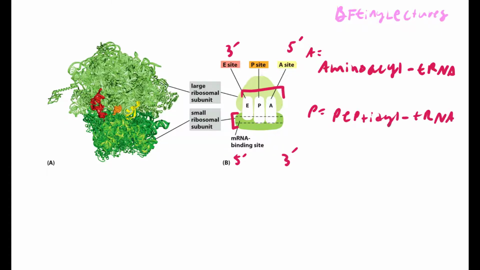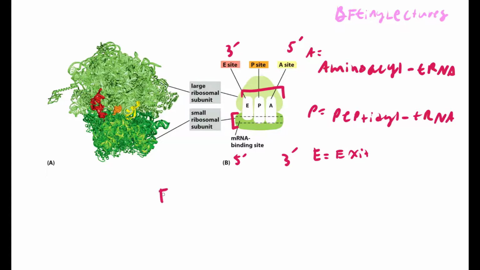Peptidyl is the one that actually catalyzes the formation of peptide bonds. So when the amino acid is being transferred into the P site, it's going to form a covalent bond. Pretty interesting. And the E site is actually the exit, so this is called the ejector site. Okay, so that's the main parts of the ribosome.